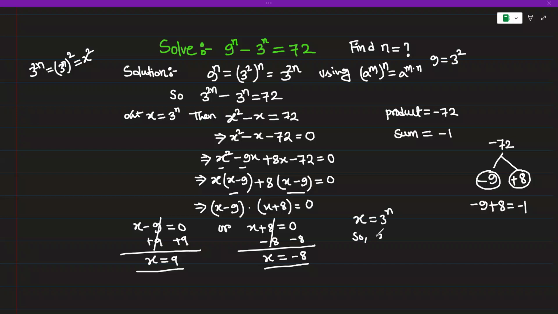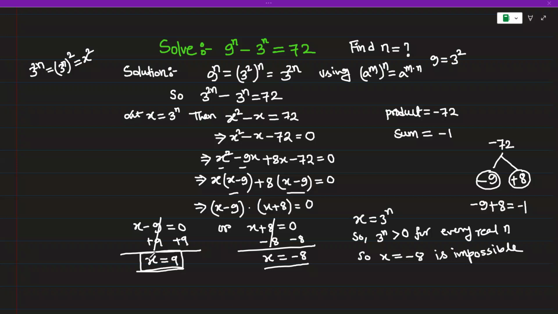So 3 power of n is always positive for every real n. So x equal minus 8 is impossible. So we got only one solution, which is x equal 9.